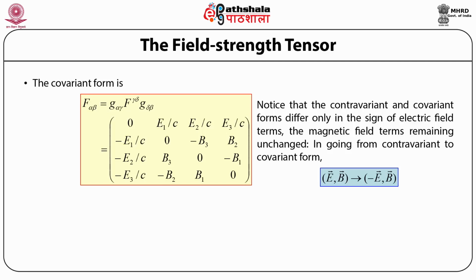The magnetic field terms in these two forms remain unchanged, and thus we can summarize this as vector E, vector B goes to minus of vector E, vector B when you go from the covariant form to the contravariant form, or vice versa.